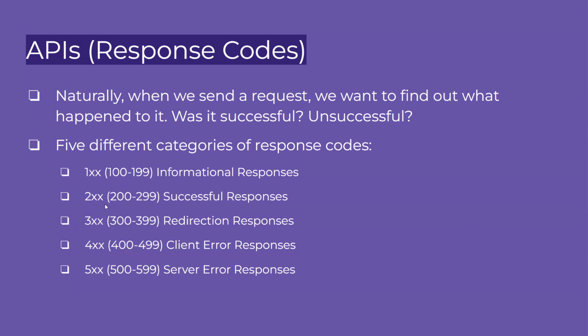That's what 2xx means. And 4xx means that if we send a request but there's an error in the request itself, the status code of the response will tell us that, using a status code in the range of 400 to 499. That's what 4xx means.